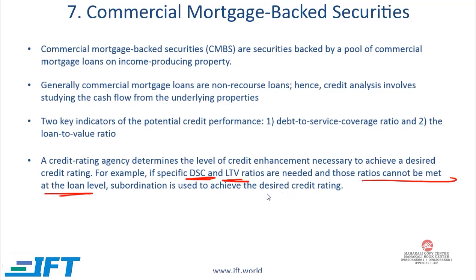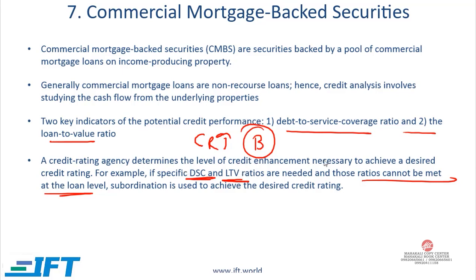This point is fairly straightforward. Let's say that we come up with the debt service coverage ratio and the loan to value ratio, and based on these ratios the credit risk is relatively high. Let's say that this might correspond to a credit rating of B, but for some reason the entity that is issuing these securities wants a higher credit rating. So how can that be done?